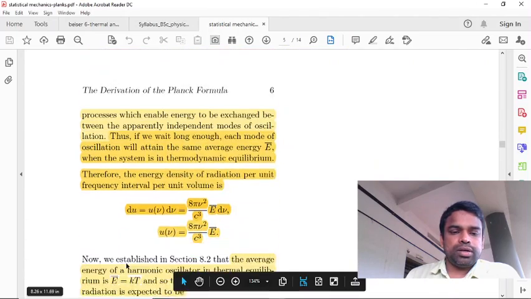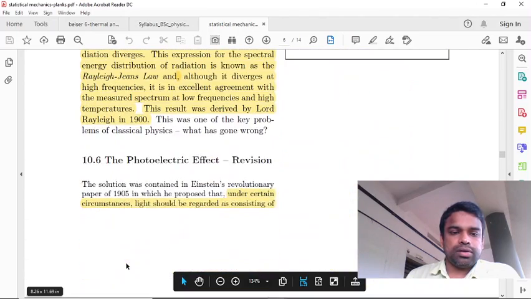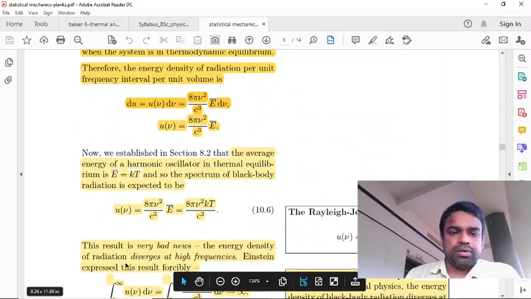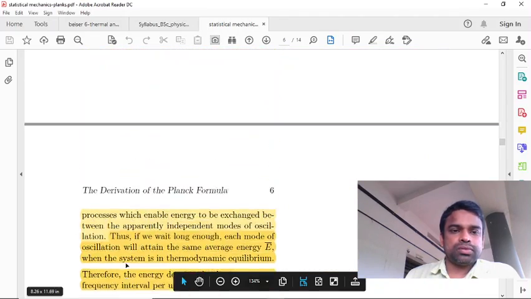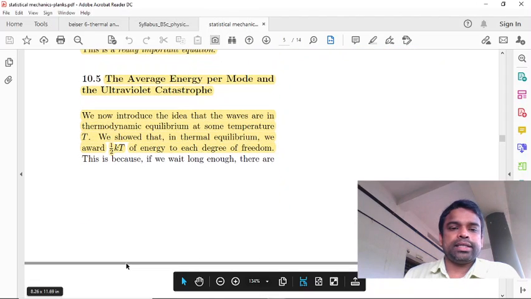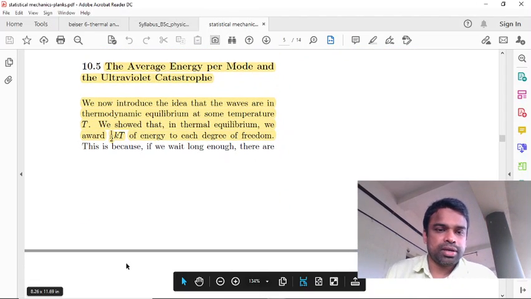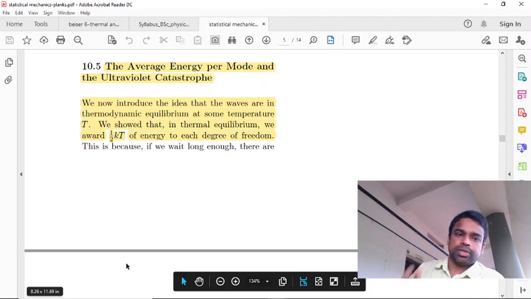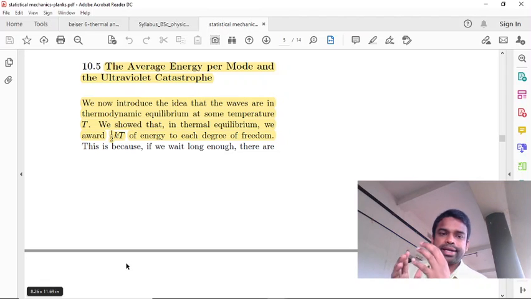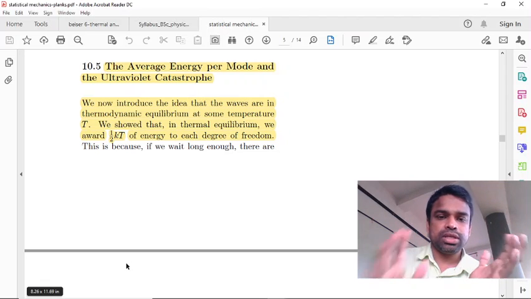Now we introduce the idea that waves are in thermodynamic equilibrium at some temperature T. In thermal equilibrium, we have given half kT of energy to each degree of freedom.